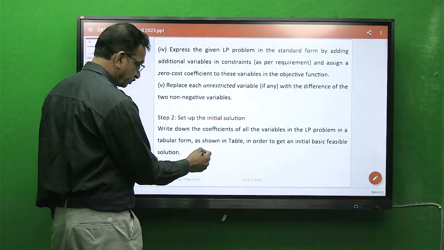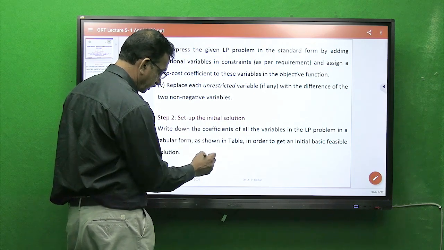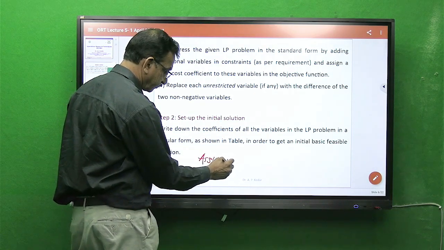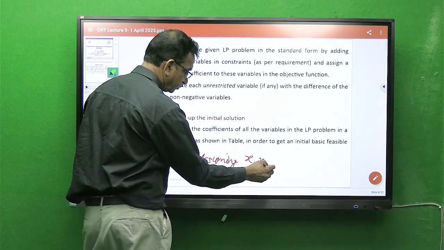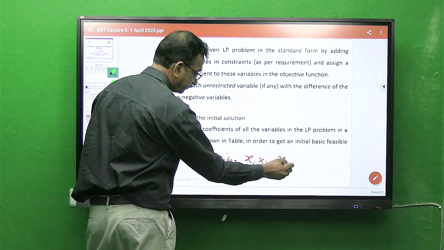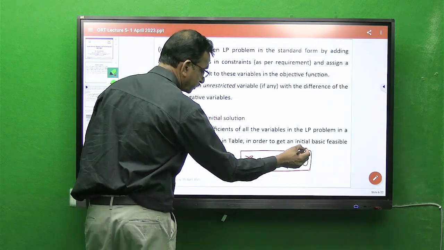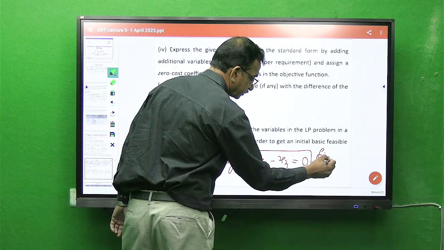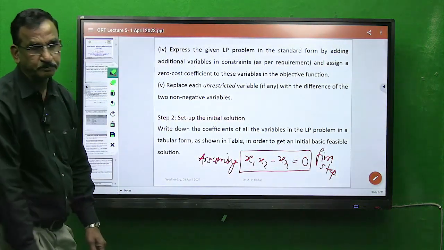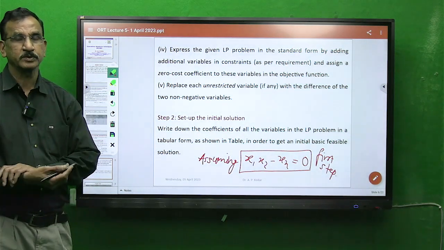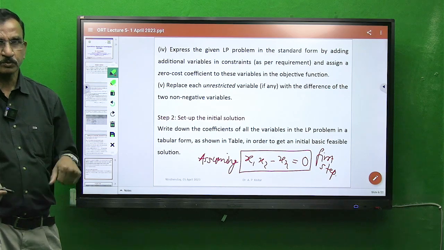So it starts from scratch, that is, assuming all x1, x2, xn equal to 0 in the first step. This is very important. All decision variables are assumed to be 0 in the first step, and then we'll progressively move ahead.